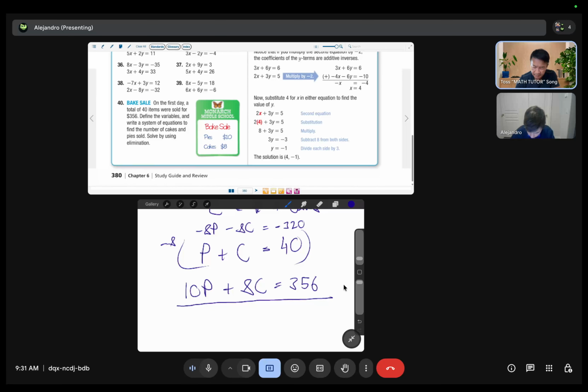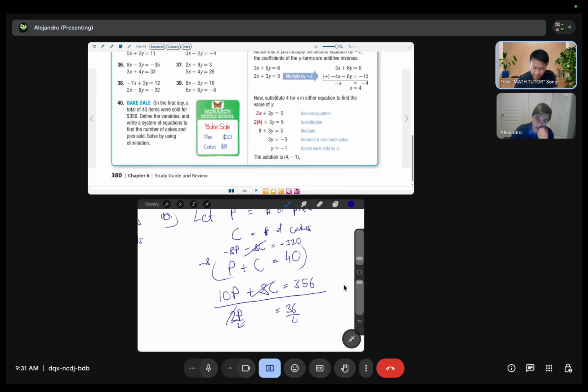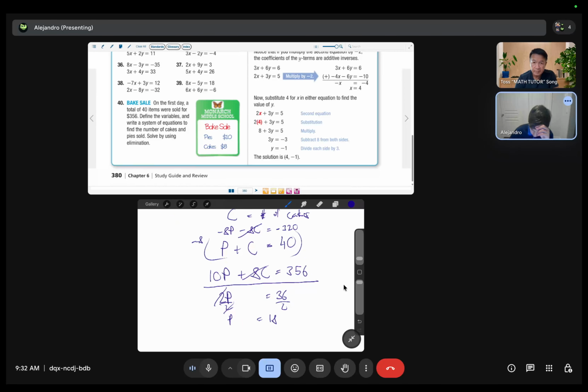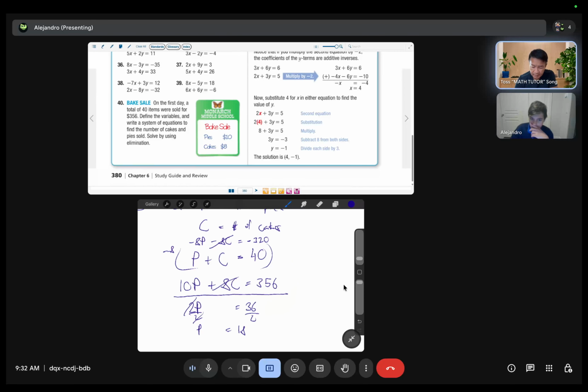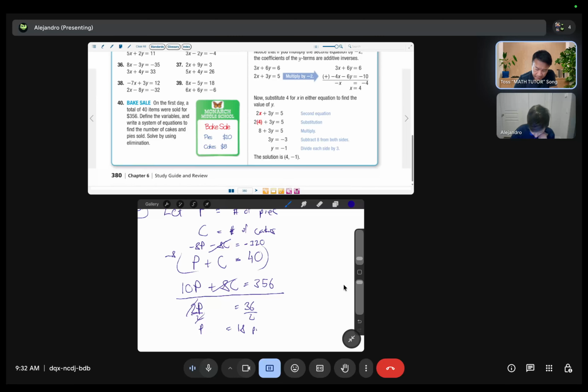If you add them straight down, you get 2p, eliminating the c's, equals, what is that, 36. Yeah. And then divide both sides by 2. P equals 18. So that's done. 18 pies. So I'll write 18 pies like that.